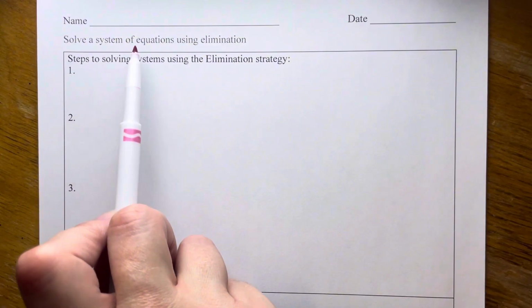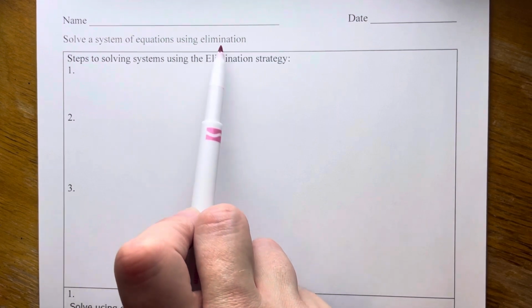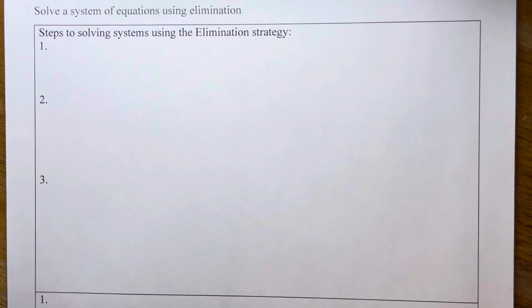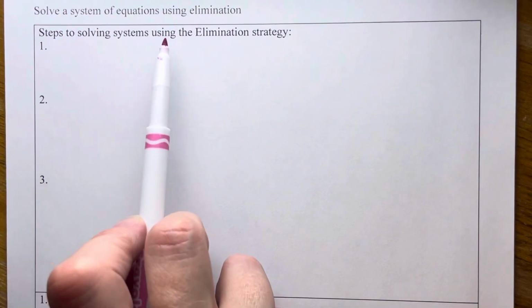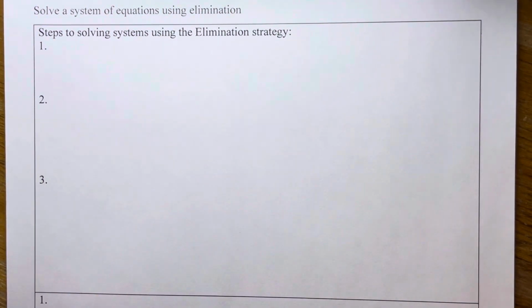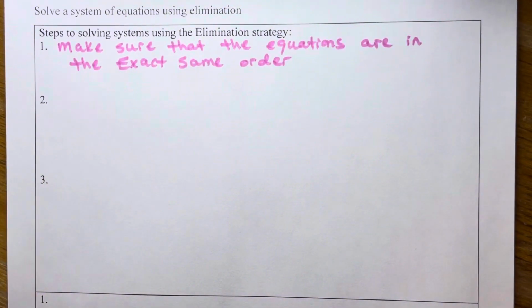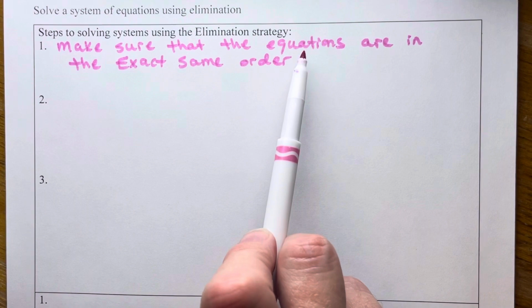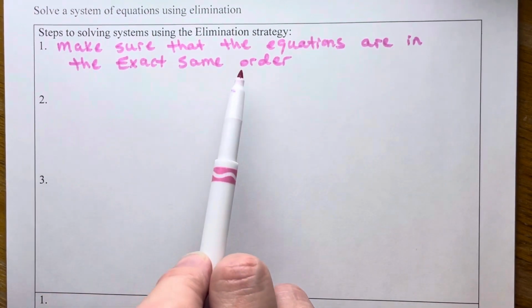In today's math lesson, we're going to solve a system of equations using elimination. Let's go through some steps to help us solve a system using the elimination strategy. The first thing that you will need to do is to make sure that the equations are in the exact same order.